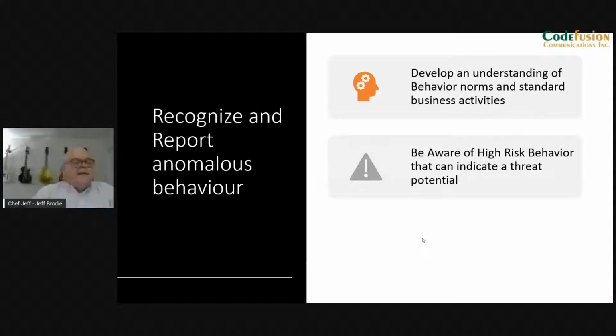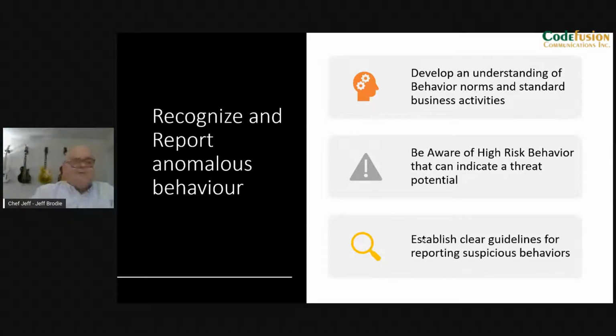And then be aware of high-risk behavior that can indicate a potential threat, right? It's things that are outside of normal. So if there were multiple login attempts, off hours, weekends, these tell us that this is high risk. And also we establish clear lines for reporting suspicious behaviors.